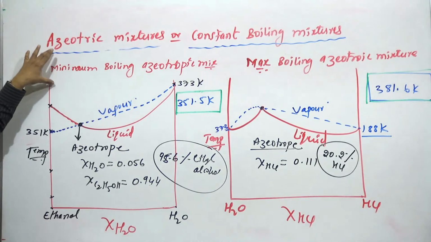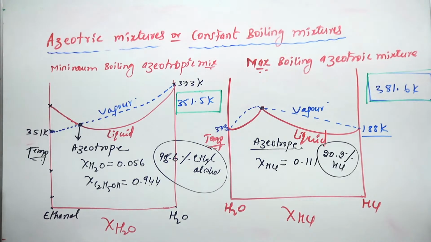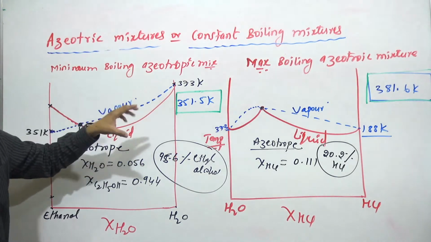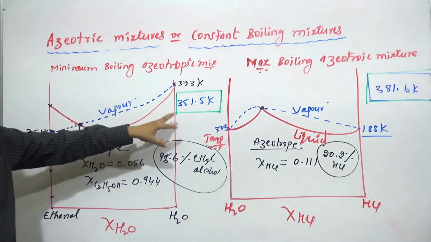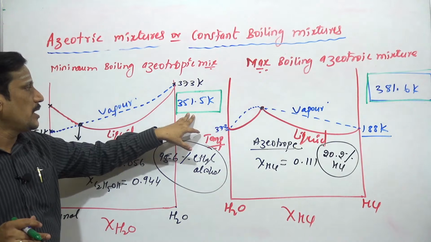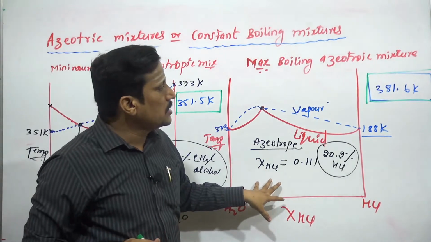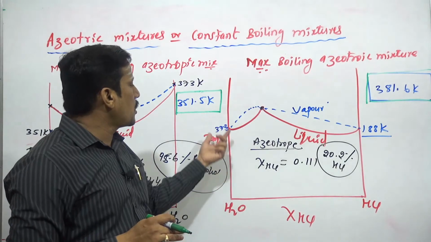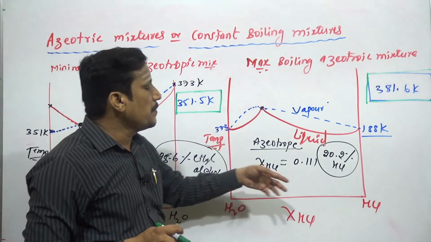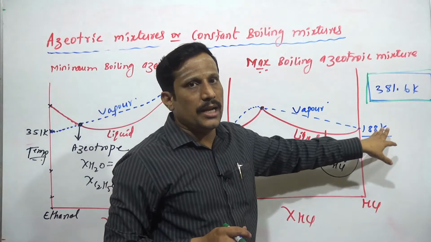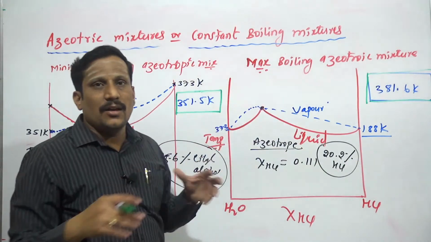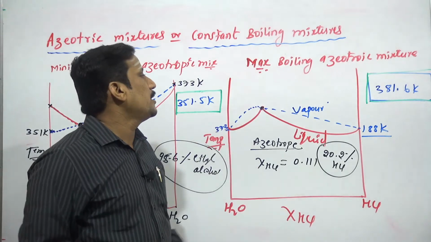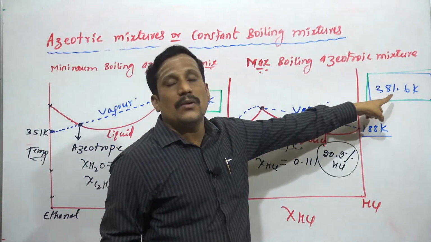Solutions which are minimum boiling azeotropic mixtures boil at 351.5 Kelvin, whereas this boils at 381.6 Kelvin. See, water's boiling point is 373, HCl's boiling point is 188. When I mix HCl and water, they boil at a higher temperature, that is 381.6.